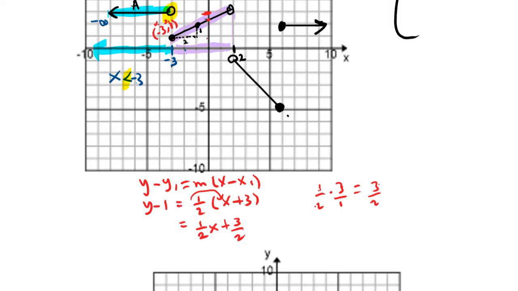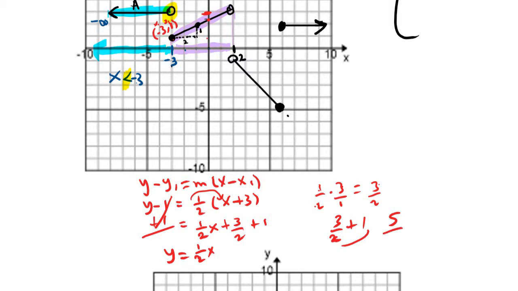Then we're going to add 1 to both sides to get y by itself. So +1 and +1, and this one is going to go away. We have y equals 1/2 x, and then 3/2 plus 1. So 2 times 1 is 2, plus 3 is 5.